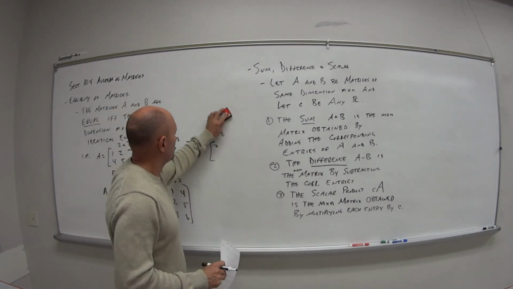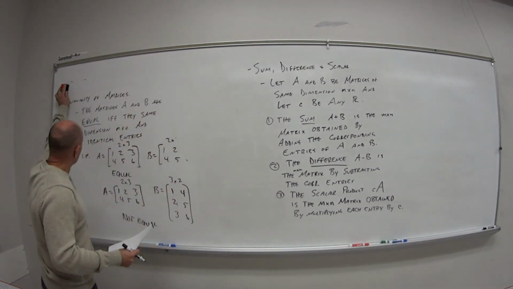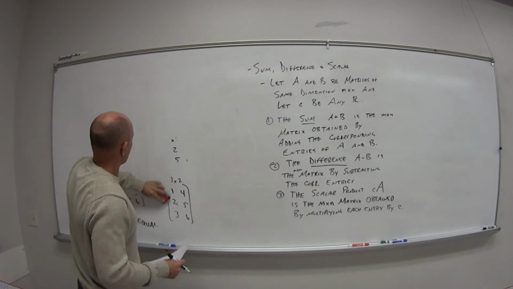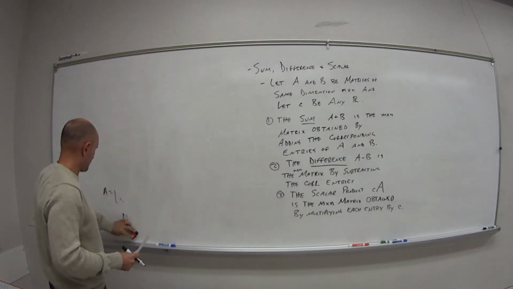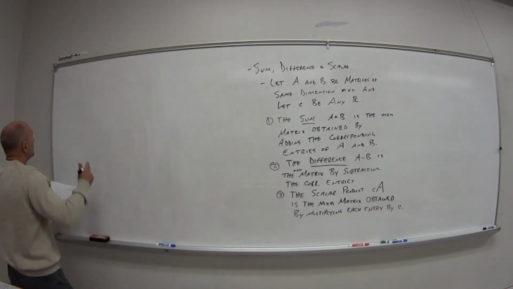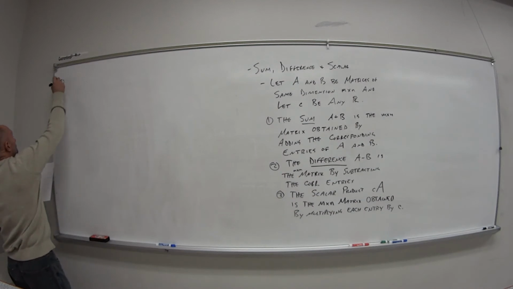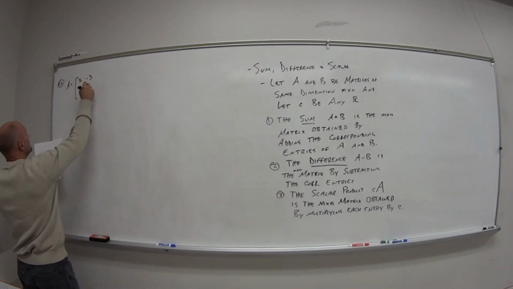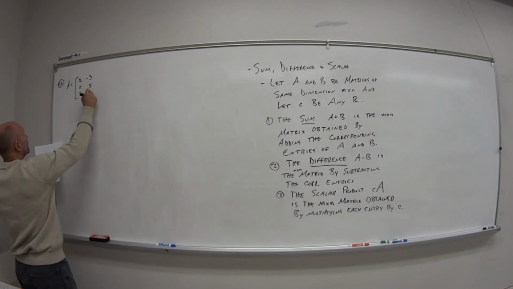So let's look at some examples of doing all this algebra of matrices. Let's say A is equal to the matrix 2, 0, 7, negative 3, 5, negative 1/2.